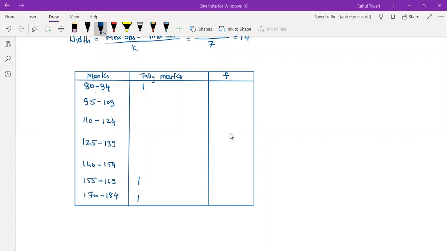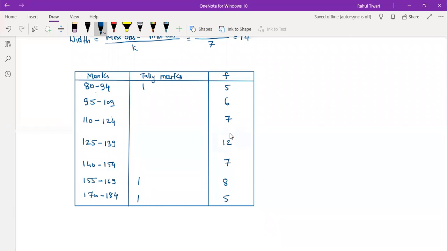Yes, Shraddha, completed? Sir, yes. 5, 6, 7, 12, 7, 8, 5.